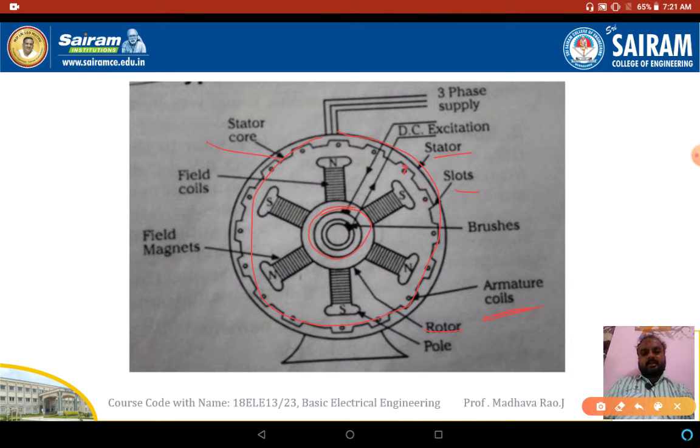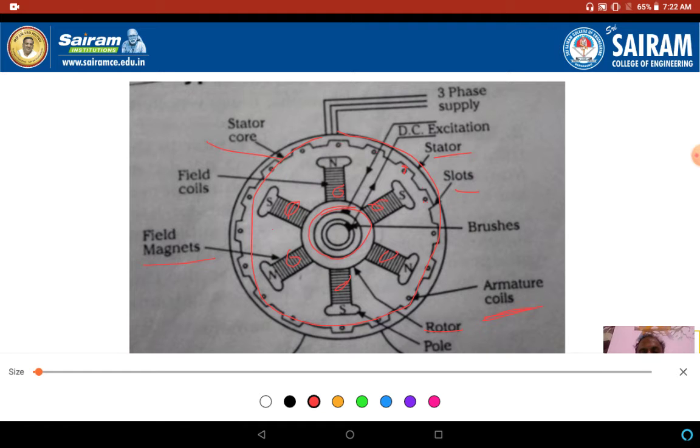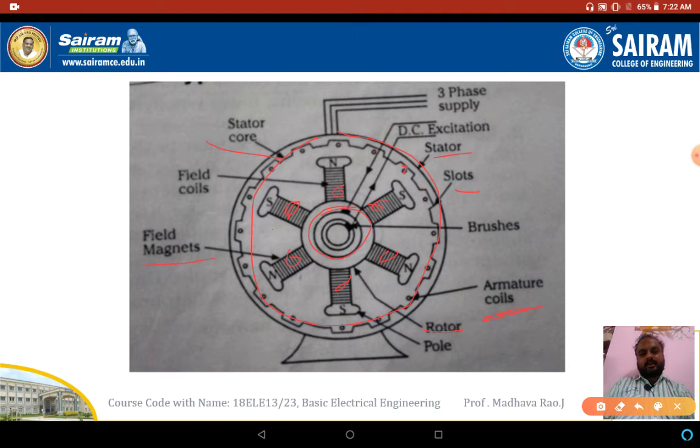The rotor has the field winding, and the field magnets rotate. Magnetic flux is produced in the field magnets, and this magnetic flux continuously cuts the armature conductors. These are the armature conductors.